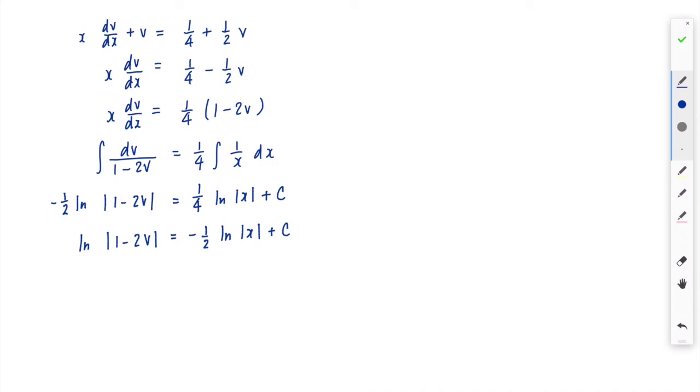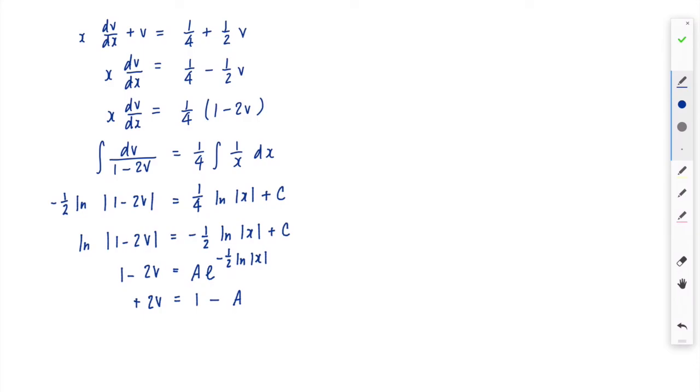And then if I want to get rid of the ln on the left side, I will have to take e to the power of the right side, but e to the power of plus c, I can change it into the constant a, like how we did in previous lessons. And let's look here. Negative 2v, or positive 2v, I can make it, is 1 minus a times e to the power of negative 1/2 ln x.